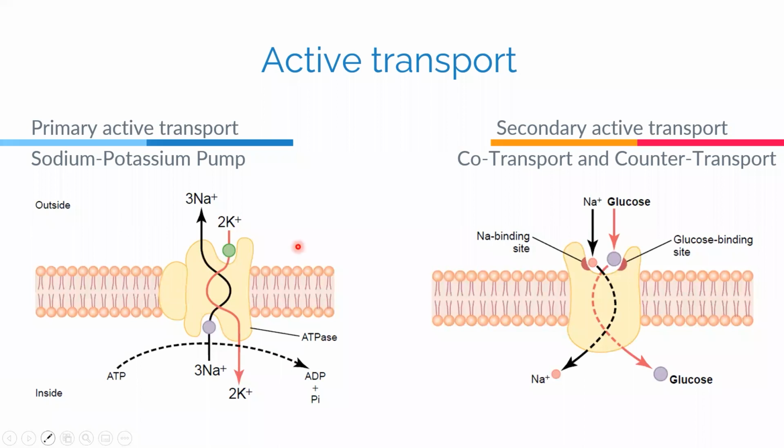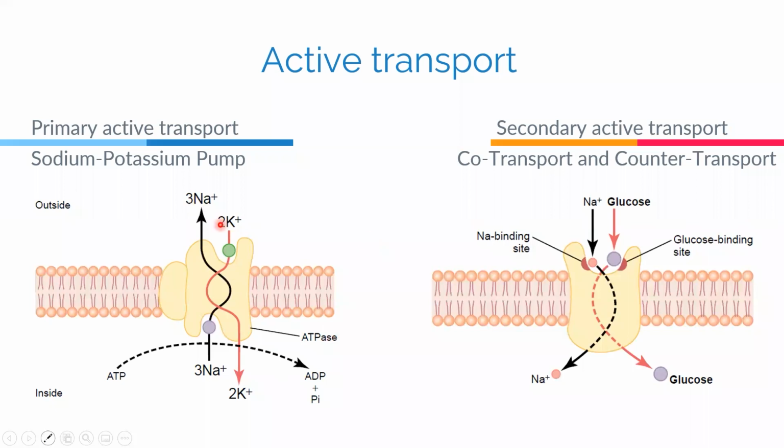The sodium potassium pump is also an electrogenic pump, which means that the sodium potassium pump inherently introduces a charge gradient across the cell membrane. As we can see, since three sodium ions are pushed out of the cell while two potassium ions are allowed to enter into the cell, we actually observe removal of a positive charge from the interior of the cell.